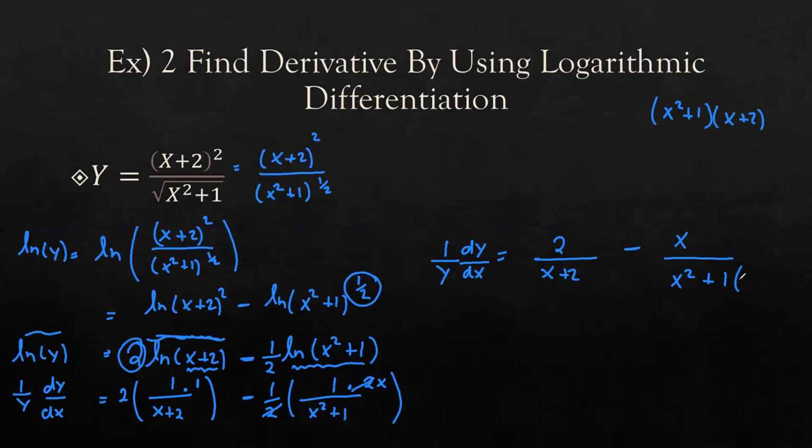So this one is missing x plus 2, and this is missing x squared plus 1. So this is going to be 2 times x squared plus 1, which is 2x squared plus 2. If you FOIL this out, this is x squared plus 2x. And if you FOIL that with the minus, that would be minus x squared minus 2x.